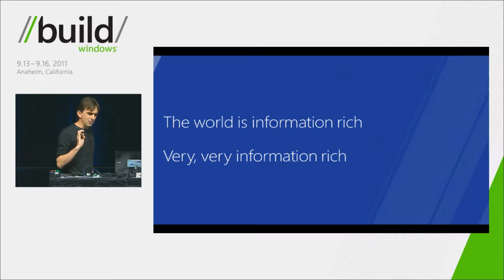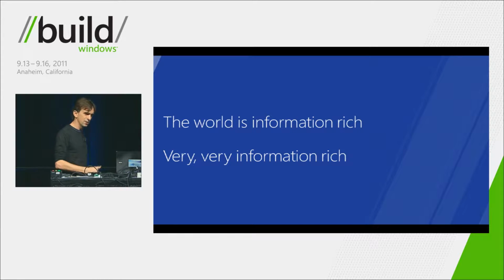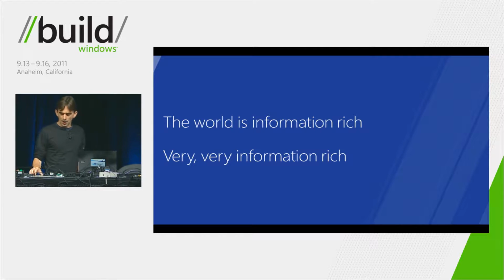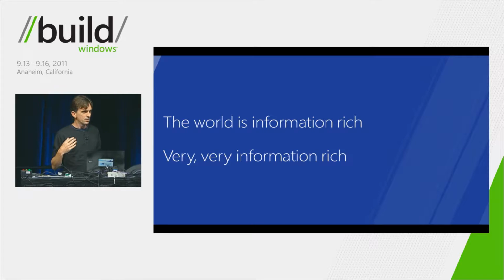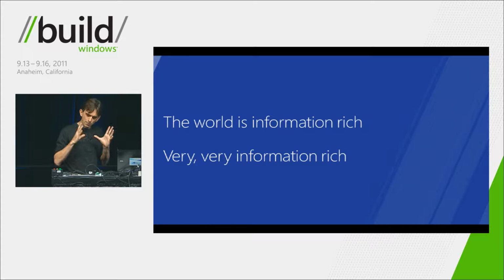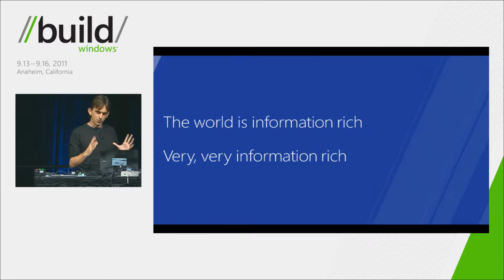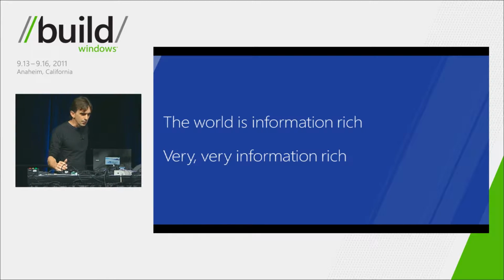We experience that information richness every day that we use the internet. We experience it every day that we use our devices, as these devices are in themselves not necessarily that interesting. What makes connected devices so interesting is that they are connected through to a very rich information context, which is the modern internet, which is the modern web.